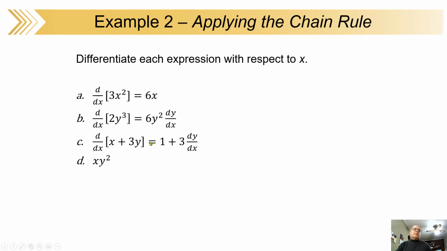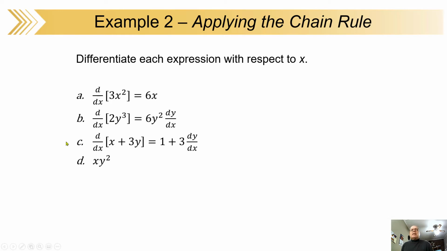Third one, take the derivative of x plus 3y. The derivative of x is real simple, just the 1. The derivative of 3y, 3y itself, you get a 3. Then you take the derivative of y because it's with respect to x.